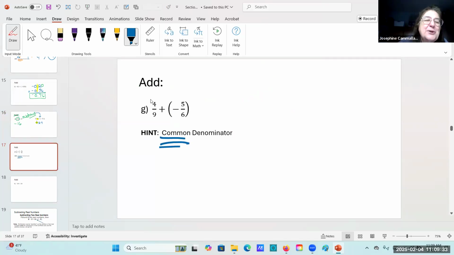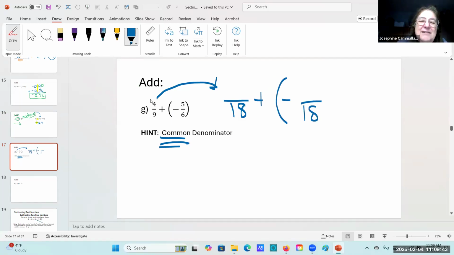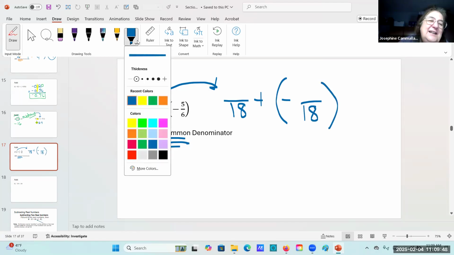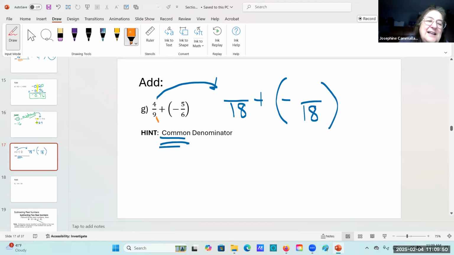Common denominator. Now, hopefully you know that my common denominator will be 18. That 9 multiplies by 2, which means that 4 is multiplying by 2.